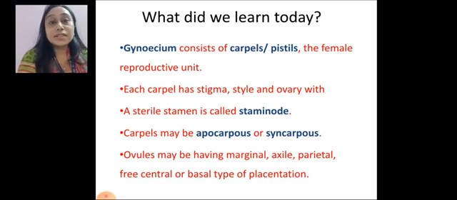If the carpels are free, we call them apocarpous, and if the carpels are fused, we call them syncarpous. The ovules may be arranged in different ways inside the ovary, and that arrangement is called placentation. The placentation can be marginal, axile, parietal, free central, or basal.